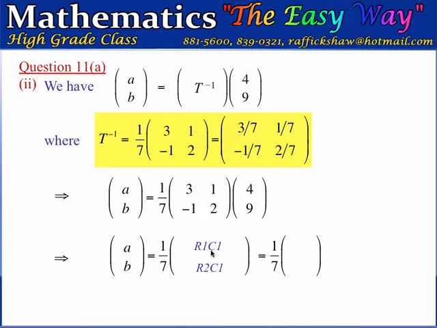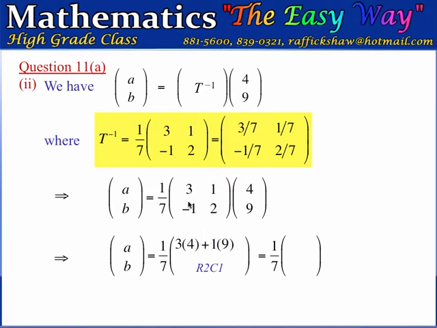And so this element here is in the first row and the first column, and so we multiply this first row by this first column. And when we multiply a row by a column, we multiply the first element in the row by the first element in the column and the second element in the row by the second element in the column. So let's show that calculation.